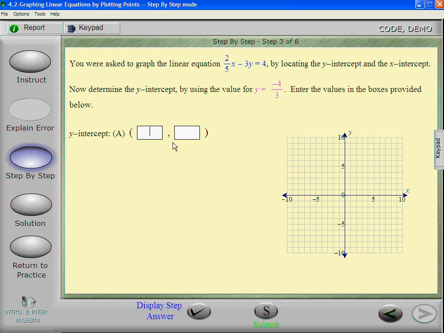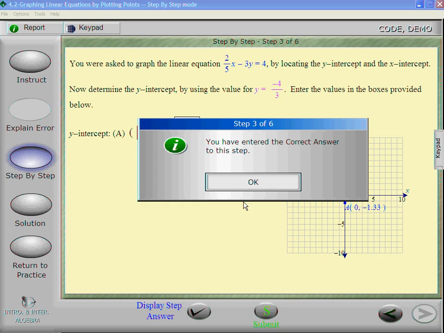And that means they want you to fill it in all together, that 0, comma, create our fraction first, minus 4/3 is one of the points, and they wrote it as a decimal there, negative 1.33 rounded. That's one of our points. That's specifically the y-intercept.